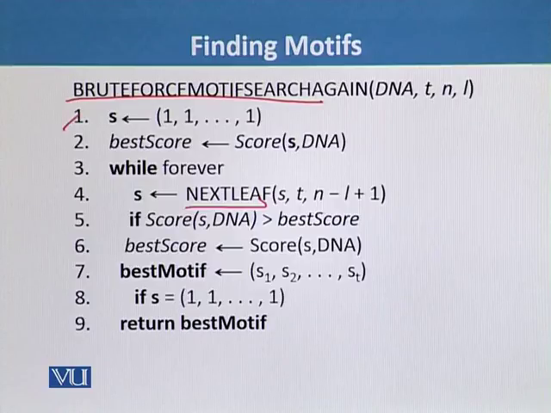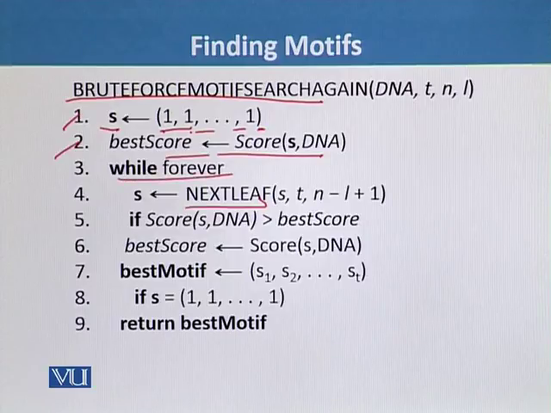So in the first step we assign the starting position as 1, 1, 1. We remember that we have calculated all the possibilities of the starting position, and we started with 1, 1 up till the level of 1. Second is the best score, we have already seen in the previous slide. While forever, we have already used this algorithm, but this is not forever.